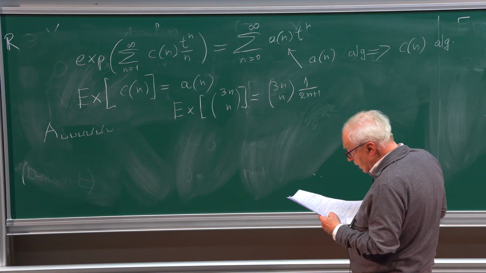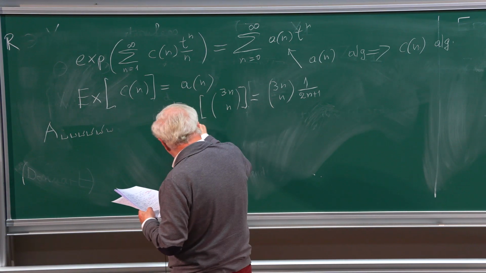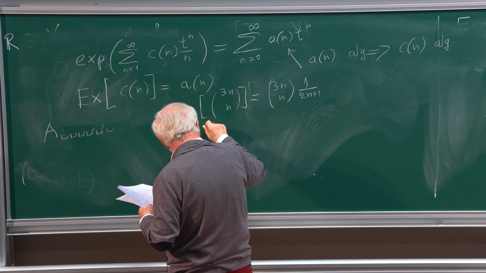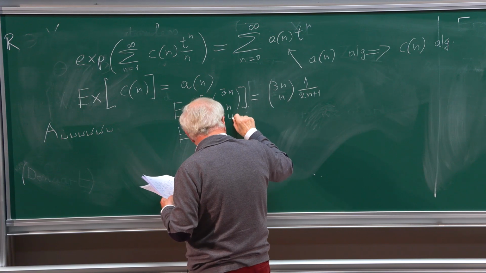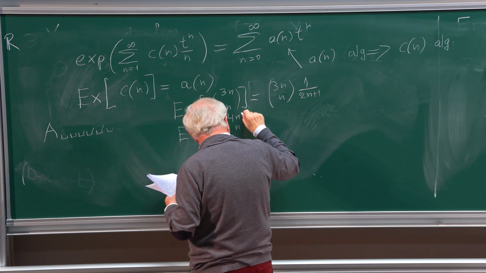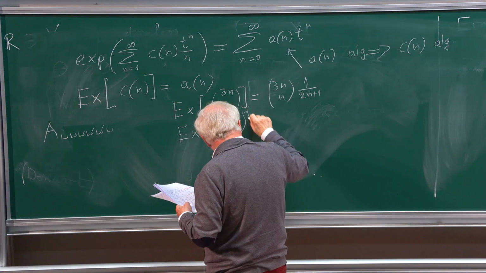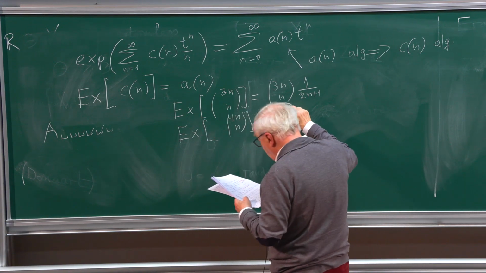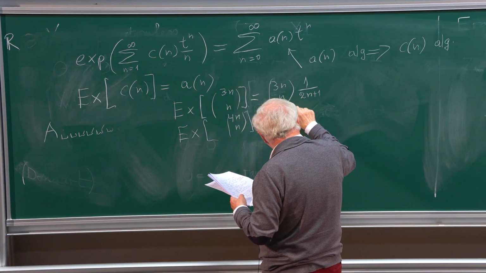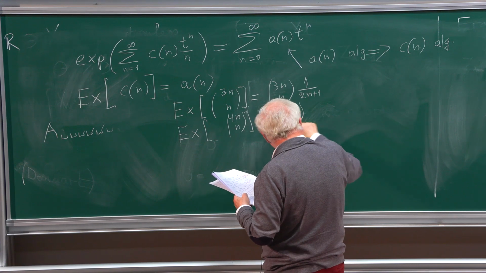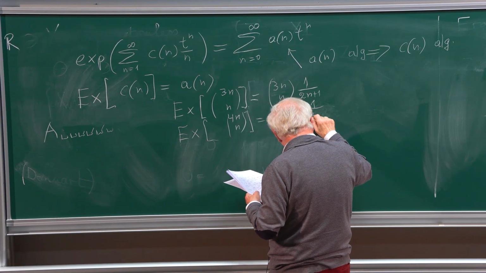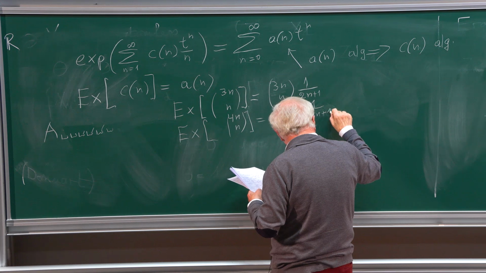Okay? Now, the same for 4n, the binomial 4n over n. This gives binomial 4n over n divided by 3n plus 1.